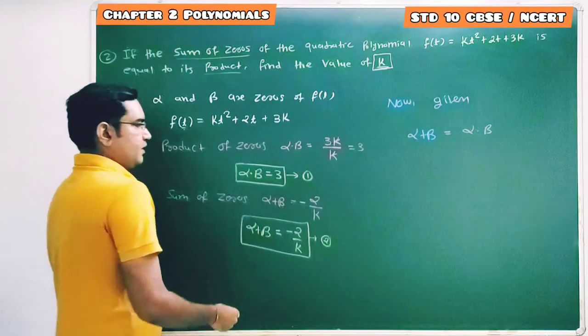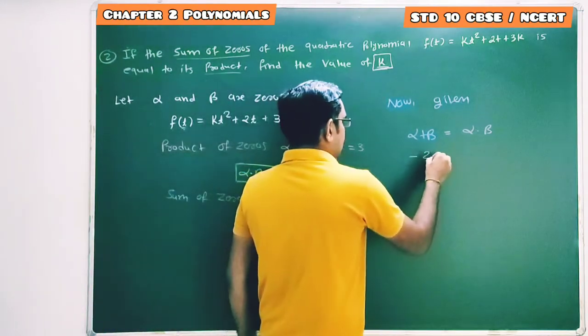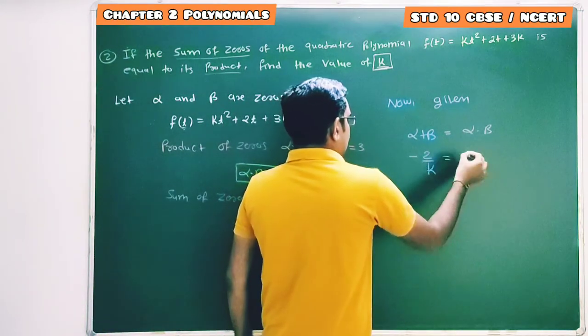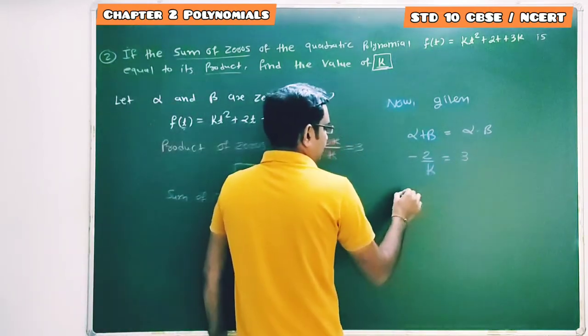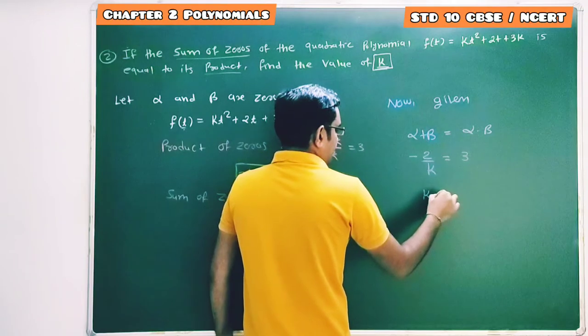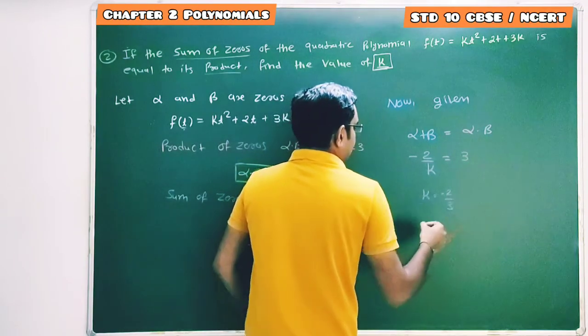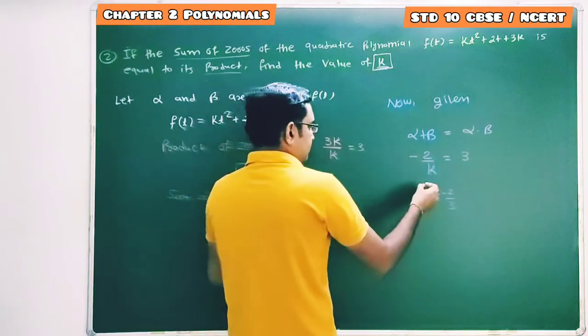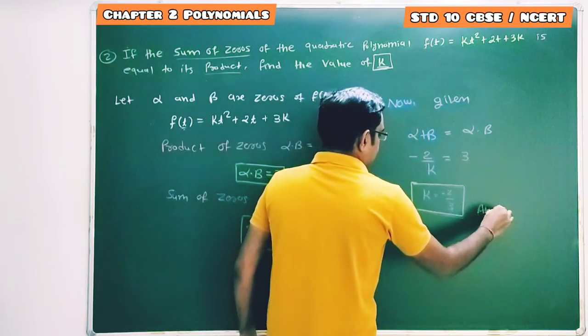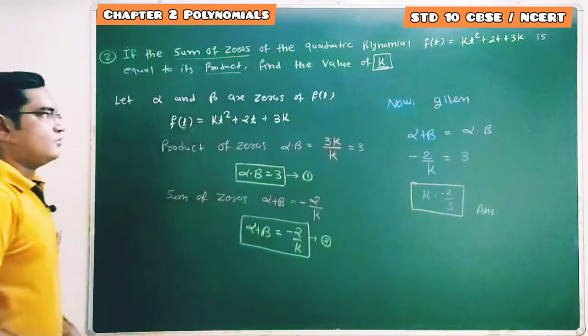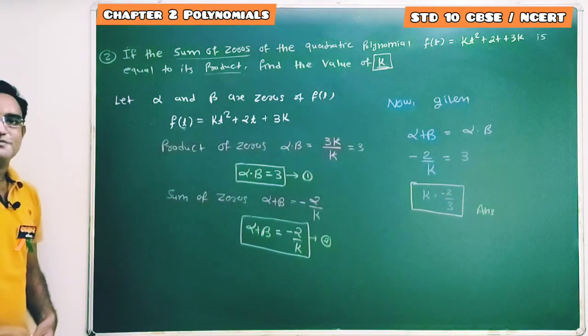So alpha plus beta equal to -2 upon k equal to alpha into beta, which is equal to 3. And therefore our answer k is minus 2 by 3. This is our answer. Clear students? So now pause this video and again note it down.